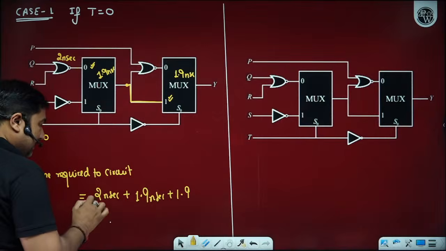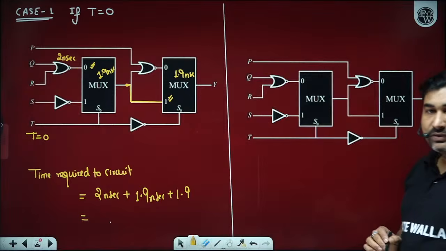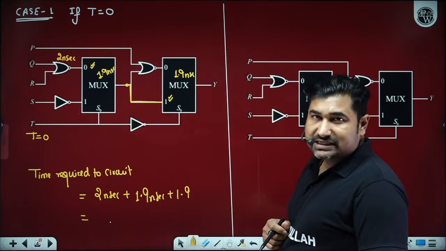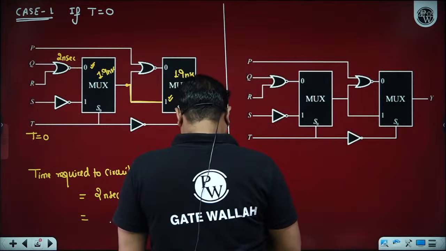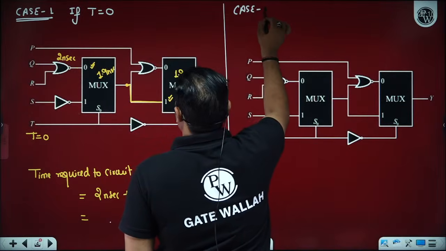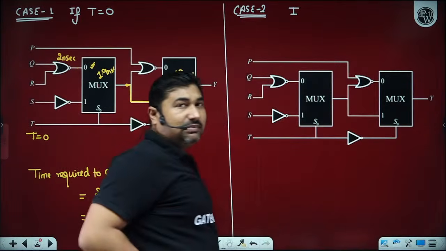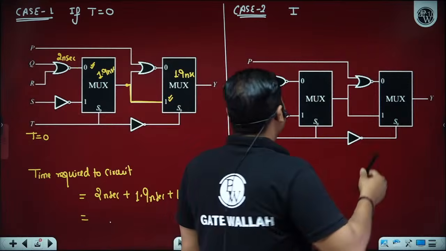So can you please tell me how much minimum time delay is required in case T is equal to 0? Again observe case 2, if T is equal to 1. There are only two possibilities for T, and T is on the select line, so I am considering the select line because only then can we decide which input is needed.